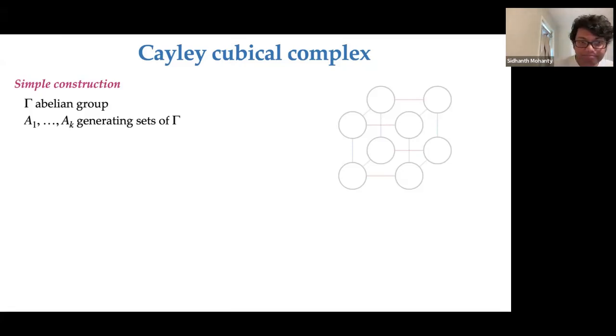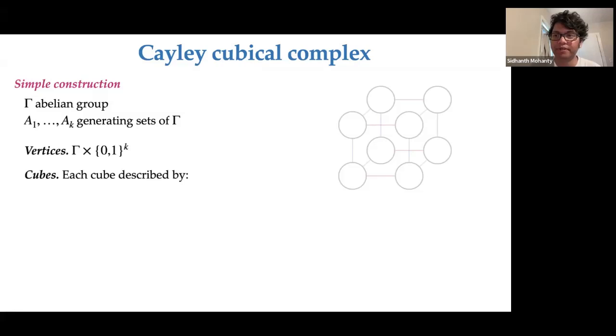Okay, and now let's say I pick k subsets of this group, A1 through AK, and each of these subsets is a generating set. Now, the vertices of the cubical complex are going to be 2 to the k copies of this abelian group.